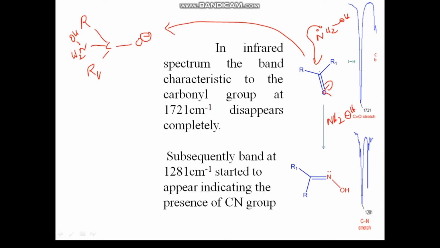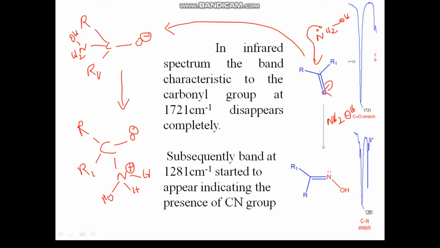Okay, now what happens next? We can draw them very clearly for the sake of doing the appropriate mechanism. So I write it here, NH2OH will definitely bear a positive charge, isn't it? Why is it so?